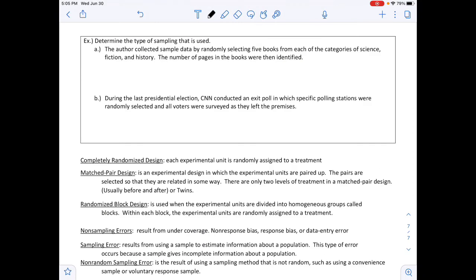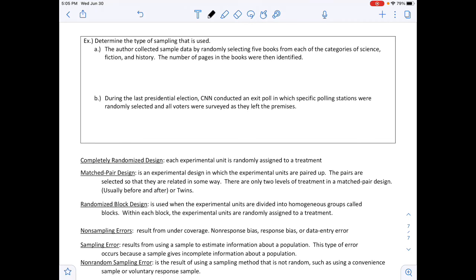The next example says, determine the types of sampling that is used. The author collected sample data by randomly selecting 5 books from each of the categories of science, fiction, and history. The number of pages of the books were then identified. And so we are breaking these into groups. Those groups are broken into science, fiction, and history, so they all are homogeneous in some type of way.